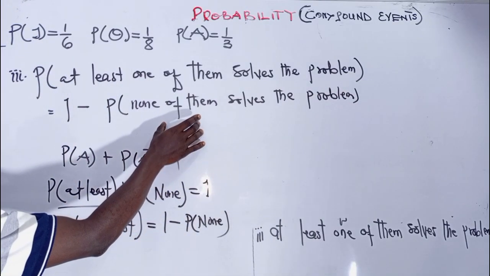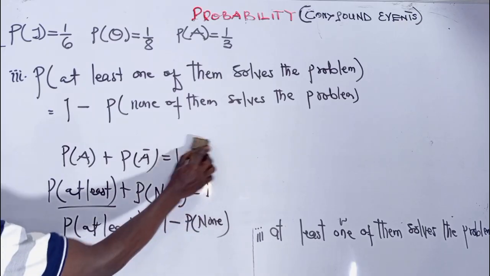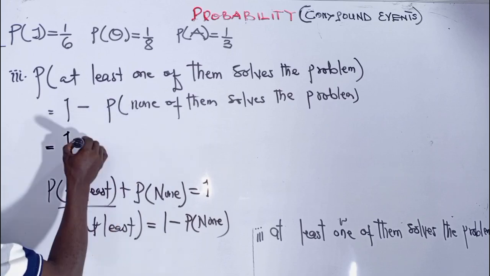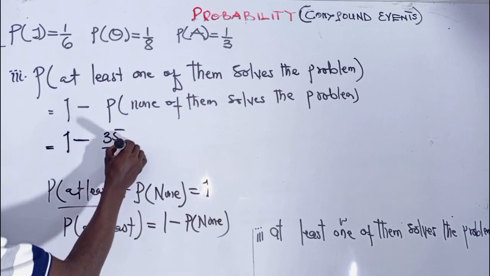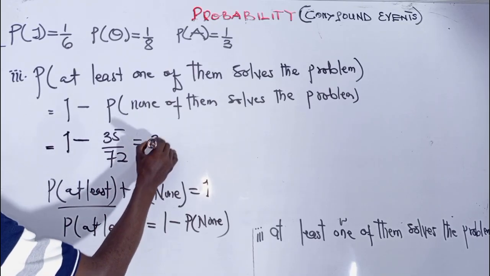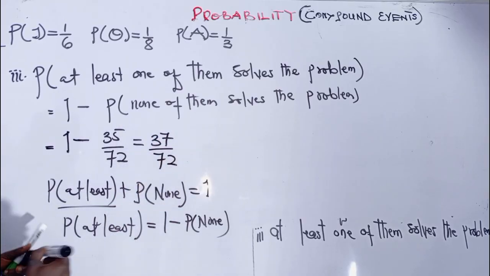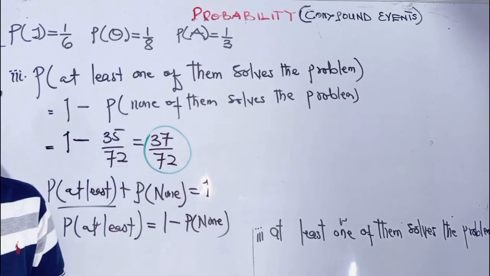And this is going to be the complement of at least one of them solves the problem. So we have 1 minus none of them solves the problem. I guess we had 35 all over 72. So when you do your subtraction, we are going to get 37 all over 72. Very well. So the probability that at least one of them solves the problem is 37 all over 72.